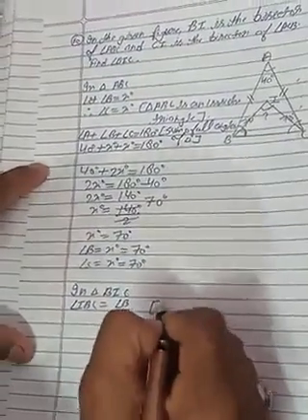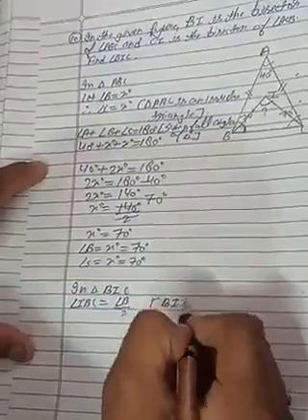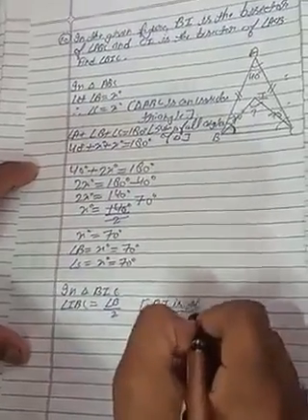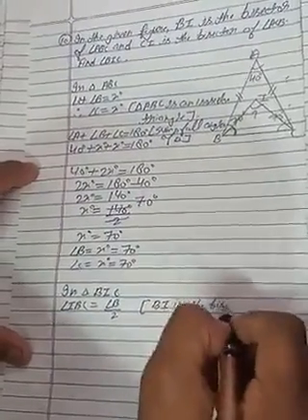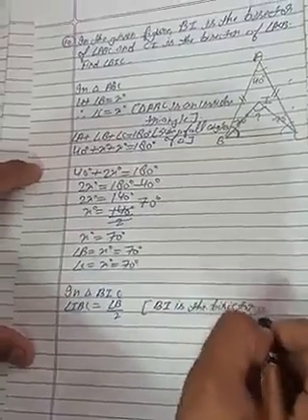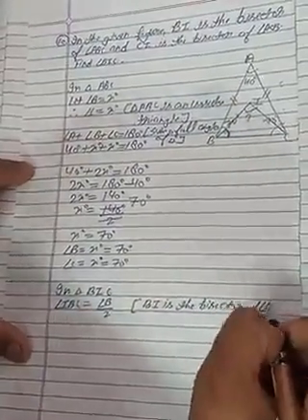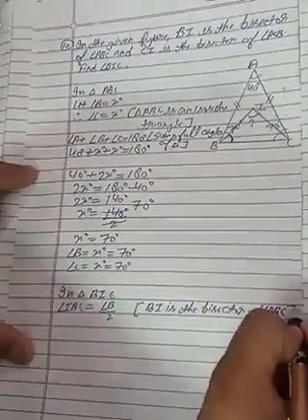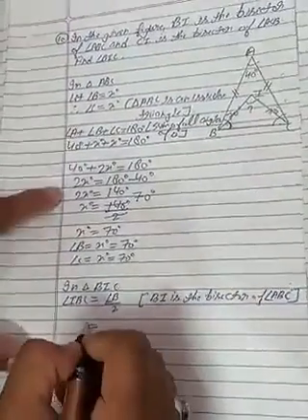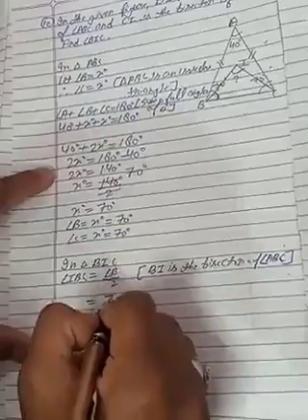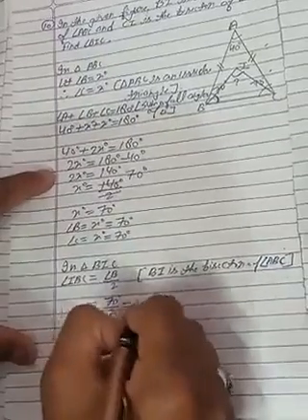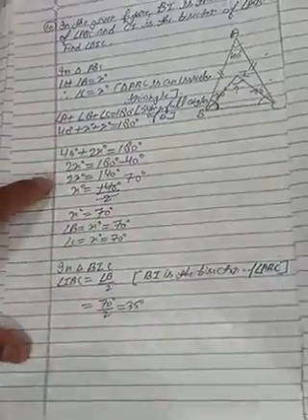Why? BI is the bisector of angle ABC. So it means IBC is 70 degree upon 2, it means 35 degree.